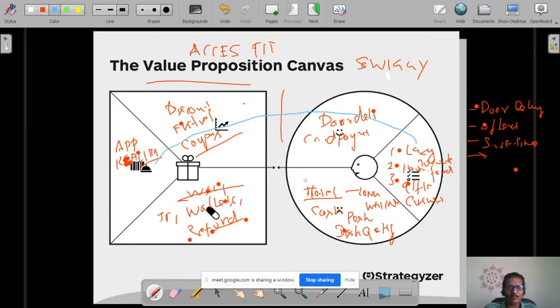For your pain points, what are the pain relievers, what are the gains you expect, what are the gain creators they offer. Okay, if it is a perfect match between this, you call it a perfect fit. So it satisfies the customer's job, relieves the customer's pain, and increases the gains the customer expects. Okay, so that is called value proposition fit.